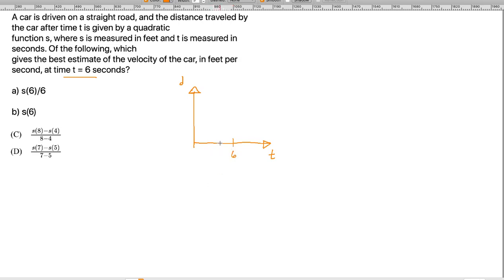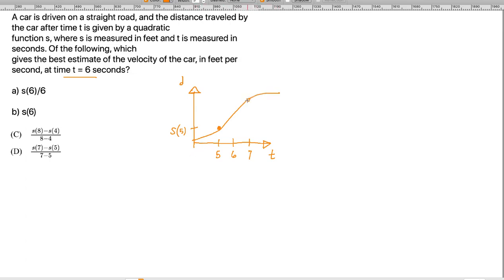Let's say this is 5 and this is 7. After 5 seconds, the car has gone some distance, s of 5, because s gives me the distance traveled after t seconds for any t. Maybe the curve goes like this. This is the position of the car at any time.